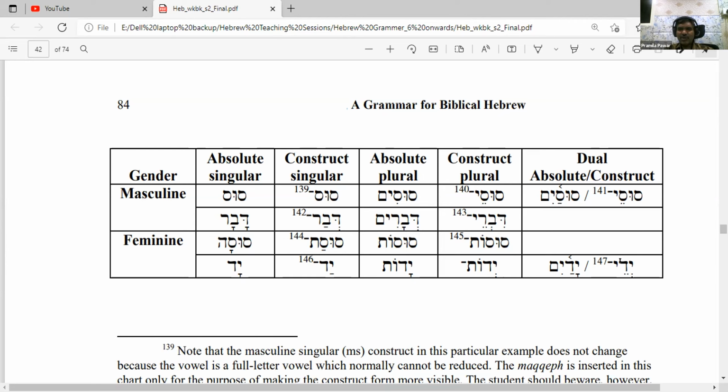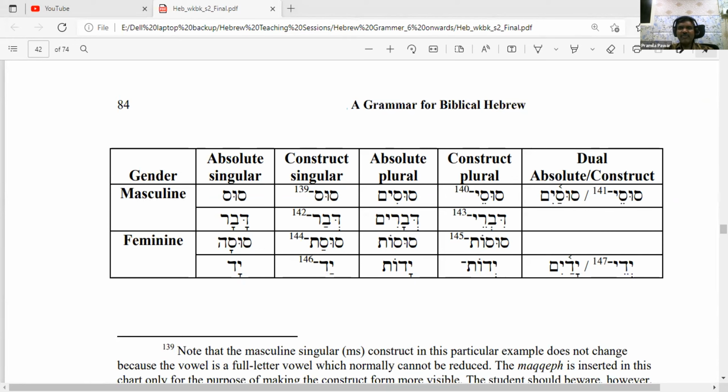Whenever you find this Tsere, you have to observe that it is in a construct relationship. I'm telling you this before, because if I take an example, you will not understand why this change takes place.